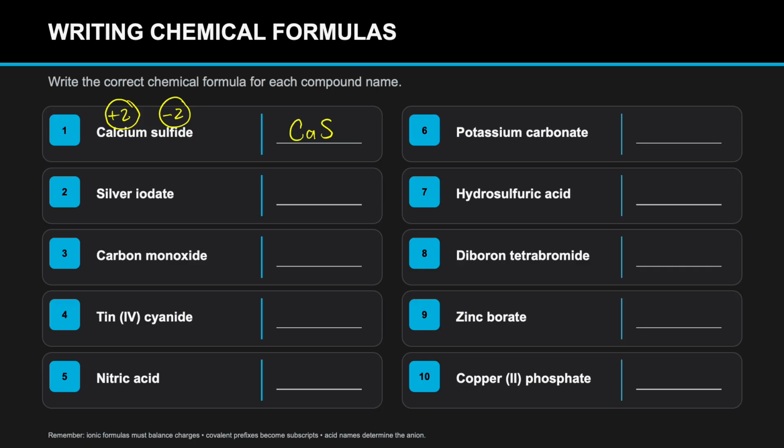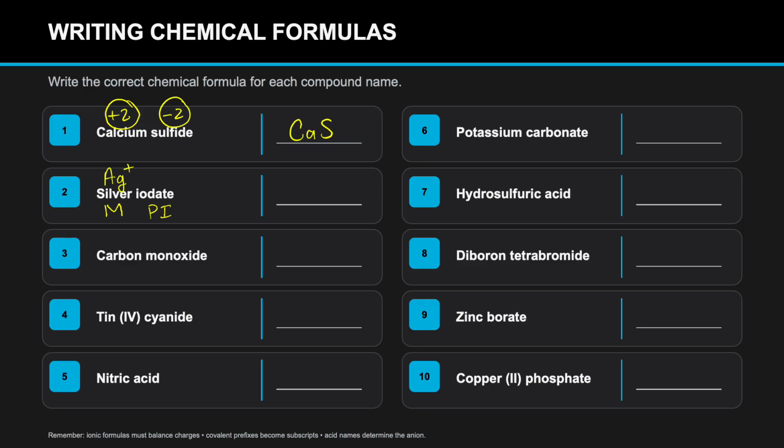Next up, we have silver iodate. So silver is a metal, iodate is a polyatomic ion, negatively charged. So silver is Ag, and we will go over this a little bit later in the year, but Ag or silver only has 1 charge. So we don't actually write Roman numerals, even though it's considered a transition metal.